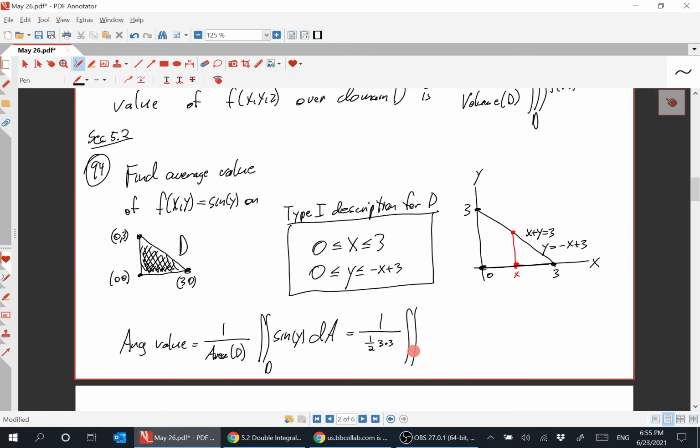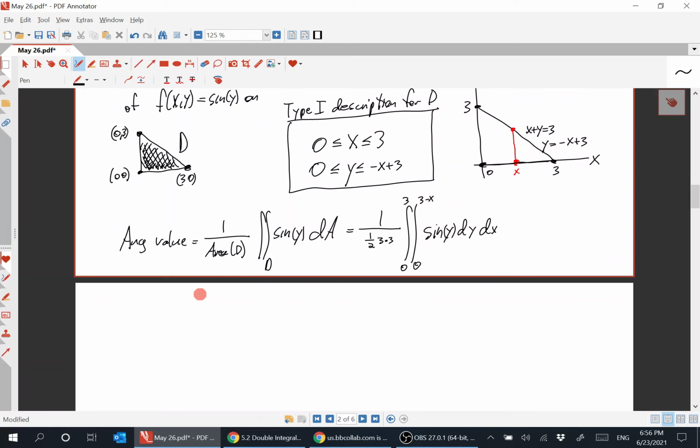Iterated integral, starting from the bottom to the top here, inside out, 0 to 3 minus x, 0 to 3, sine y, again bottom to top here, dy dx. So this is equal to 2/9.